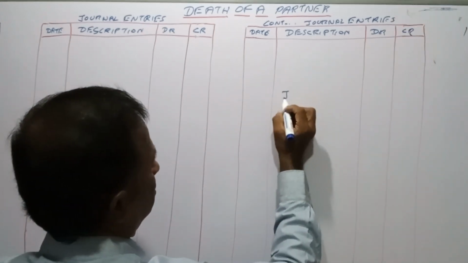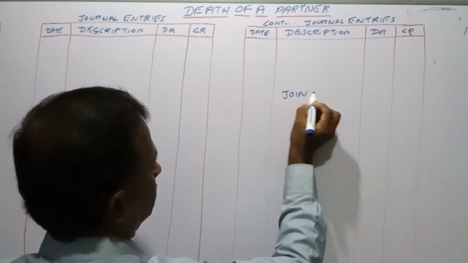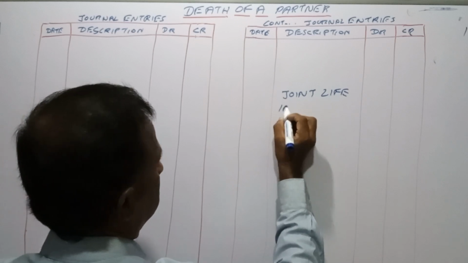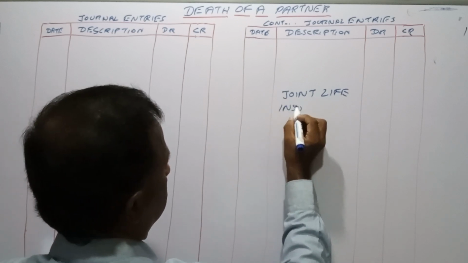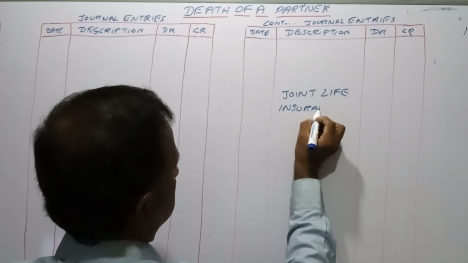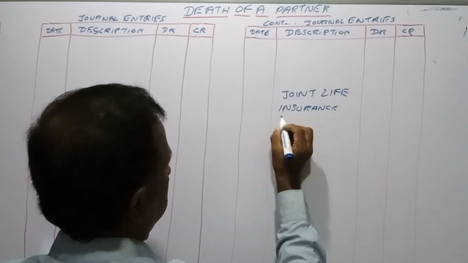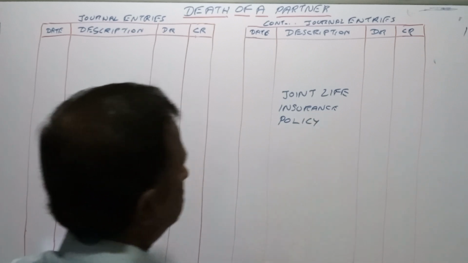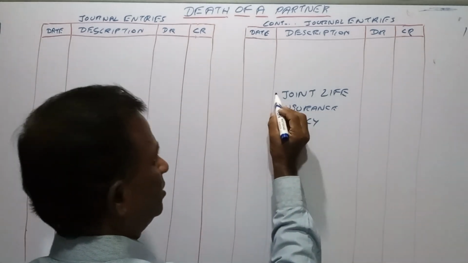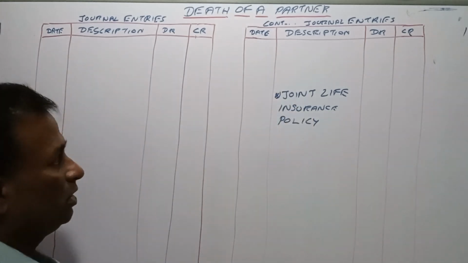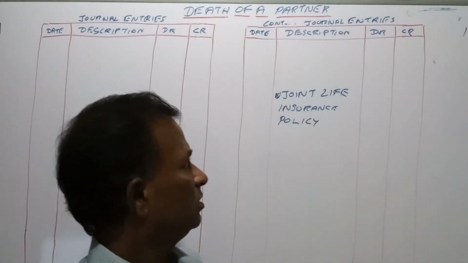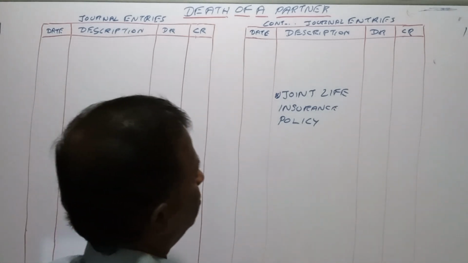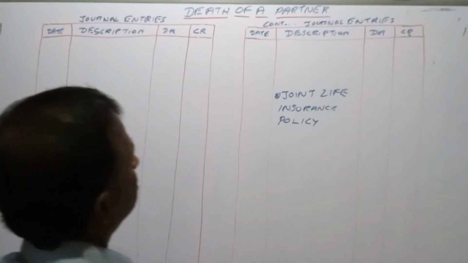Joint life insurance policy, right? The partners used to take the joint life insurance policy. We will say LIP, life insurance policy.